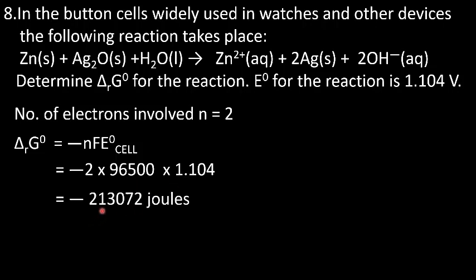So this becomes minus 213072 joules. Here minus sign indicates the free energy available. So finally we don't write the minus sign. Therefore, if joules are converted into kilojoules, 1 kilojoule equals 1000 joules. So dividing this with 1000, we get 213.072 kilojoules.